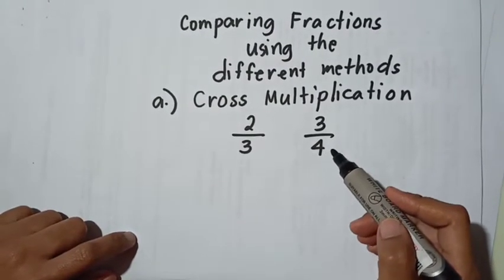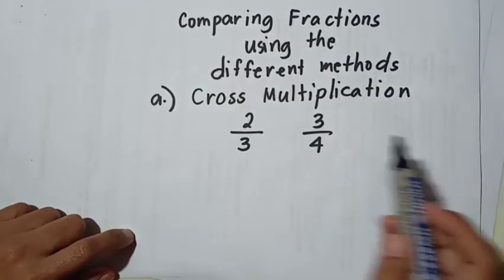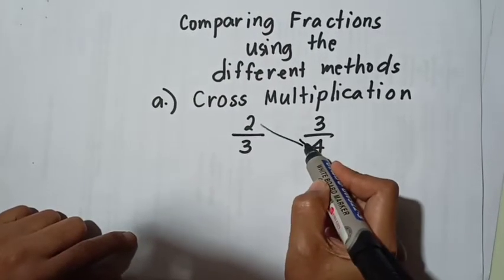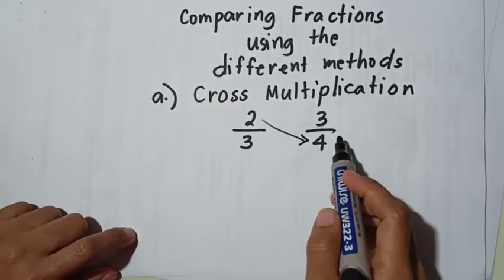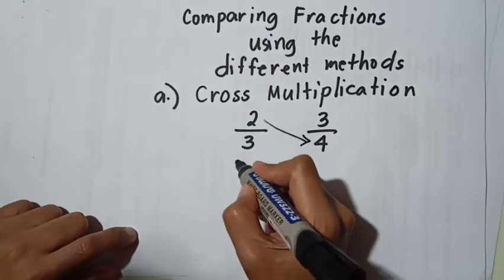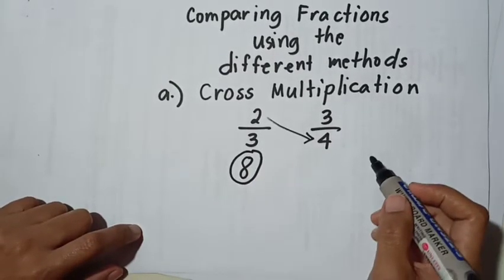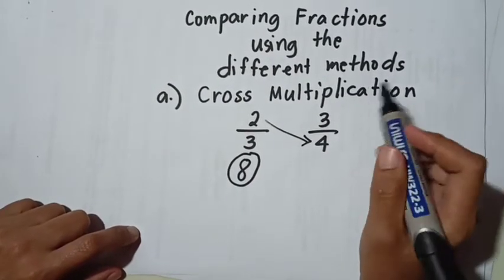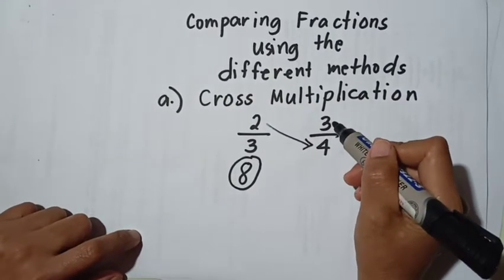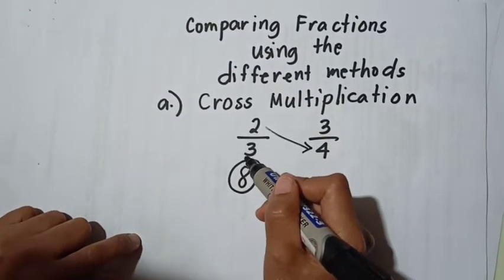Now, applying this method, which is cross multiplication, you have to connect the numerator to the denominator of the second fraction, which is 4. We have here 2 times 4 equals 8. Then, using the numerator of the second fraction, which is 3, which should be multiplied by the denominator of the first fraction, which is 3 also.